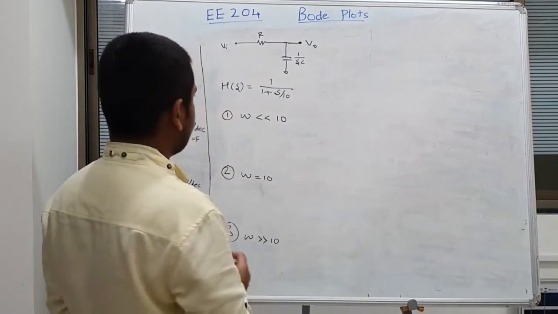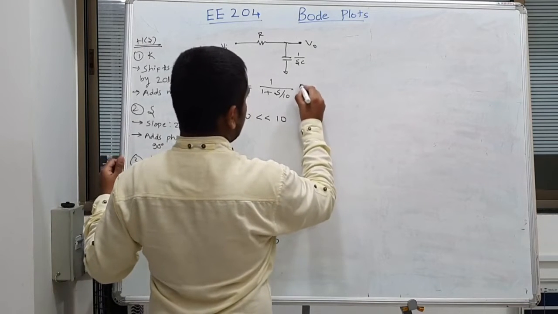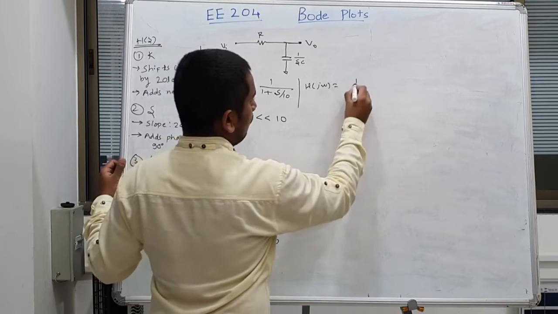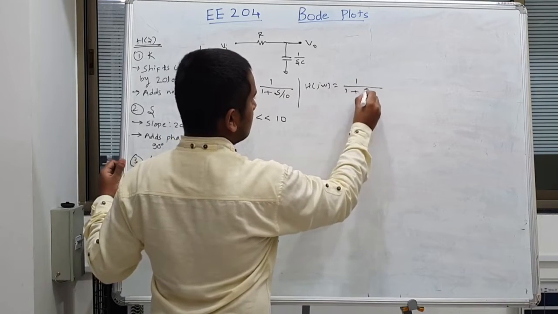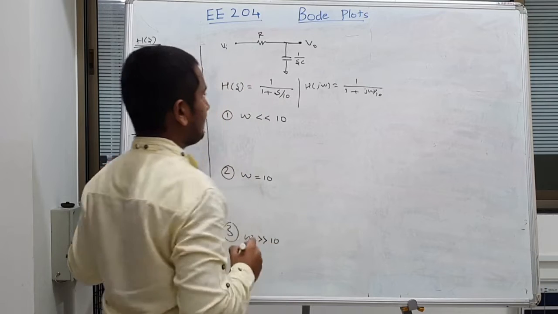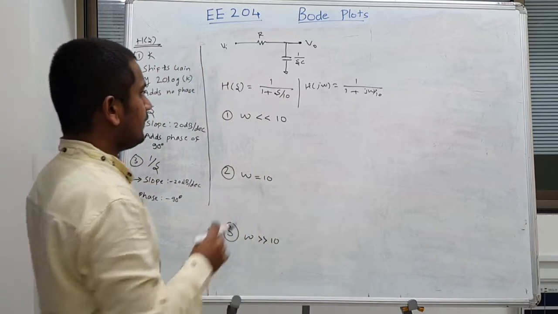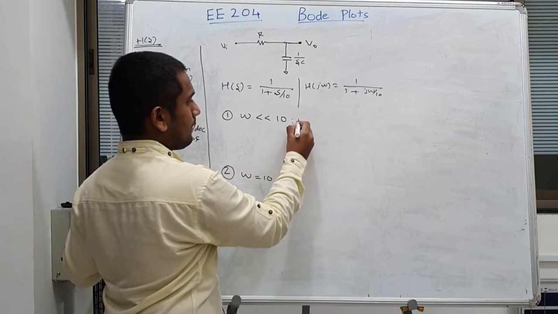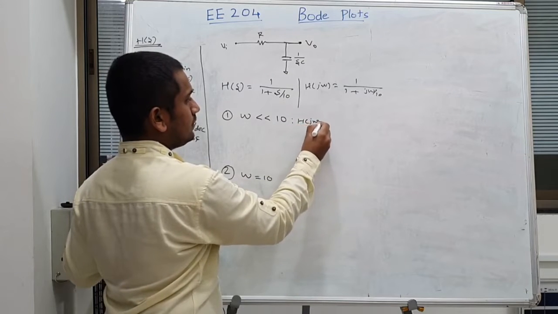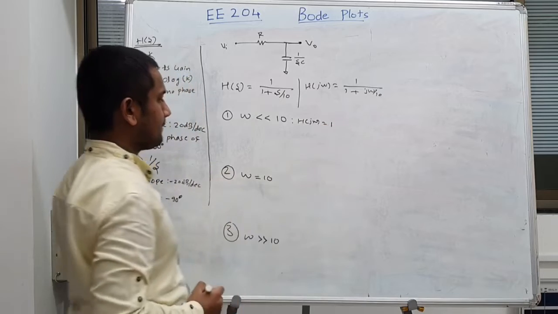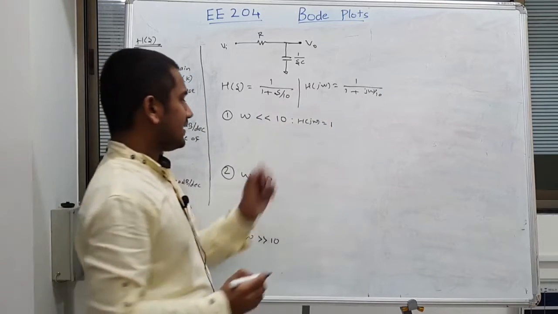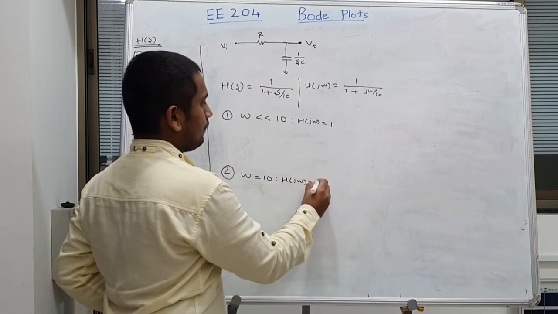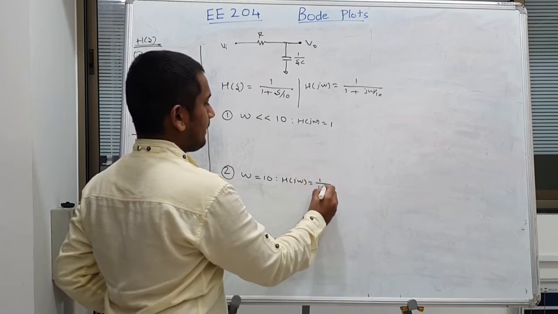In this case, H of j omega will look like 1 upon 1 plus j omega by 10. When omega is much smaller than 10, this approximates to H of j omega equal to 1. When omega is at 10, H of j omega becomes 1 upon 1 plus j.